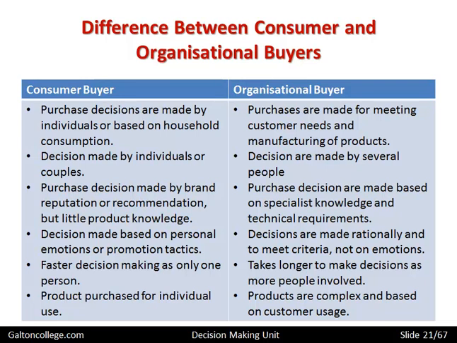So it's a much more complex decision. If they decide to buy a machine, the machine has to make a product, and that product has to be appealing to the final customer. So the decision within organizations to buy is much more sophisticated.